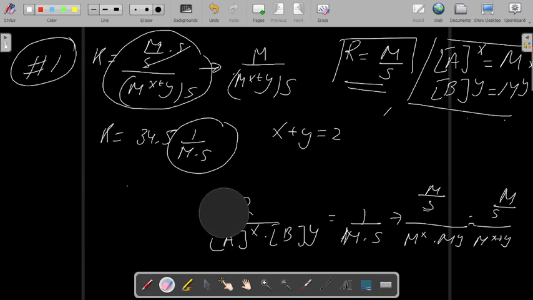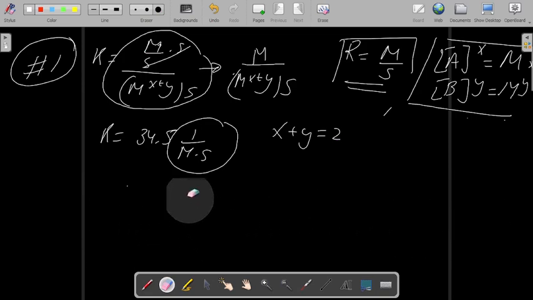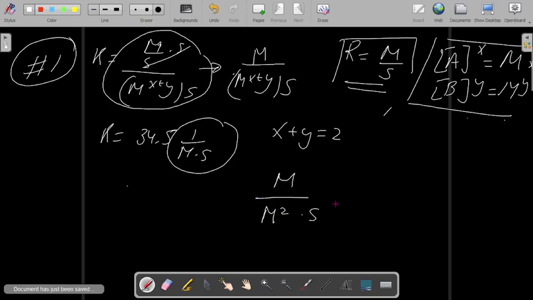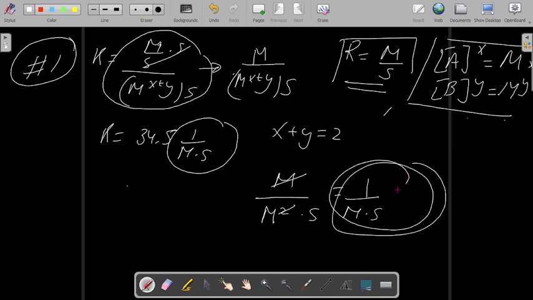Let me erase this right here. I'm going to have M divided by M to the 2 times the S. So one of the M is going to be canceled, leaving the 1 M, and the S. And those are the units I wanted.